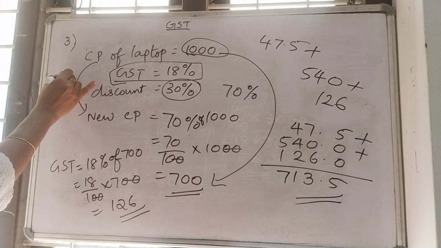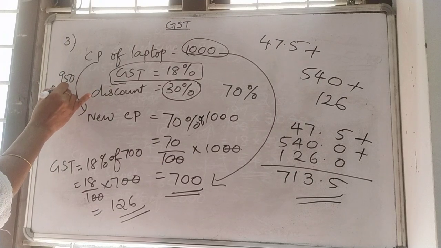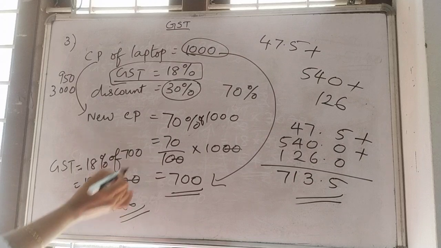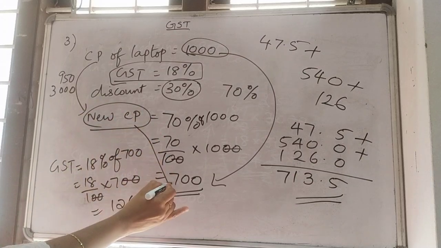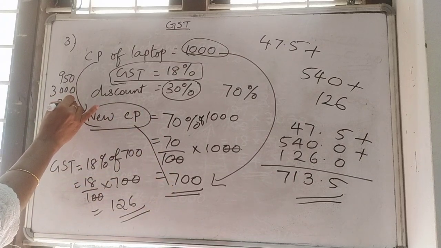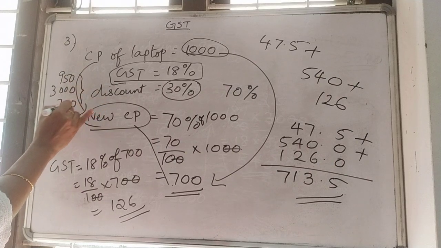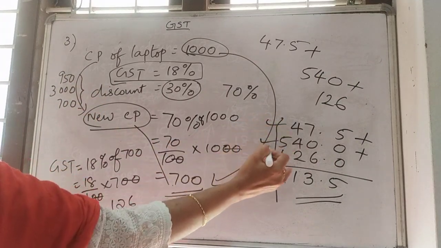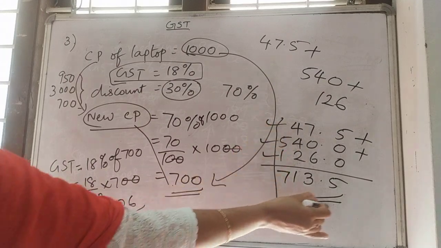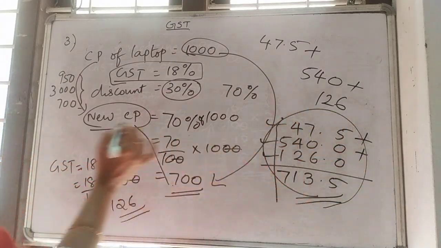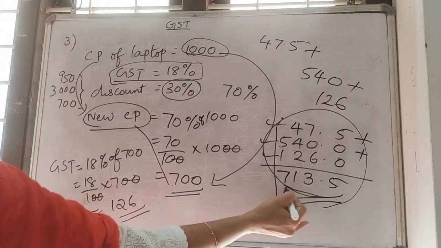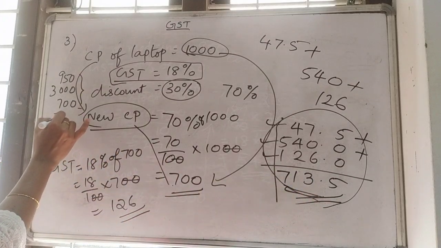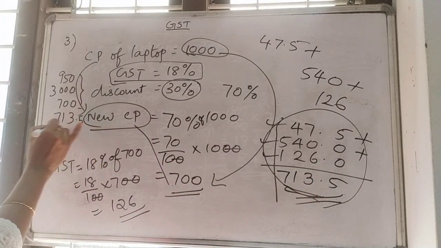And the cost price of the shoes is 3000. And now we got the new cost price of the laptop as 700. So these are the total cost price. Along with the cost price, we have to add the total GST. So we got the total GST as 713.5.